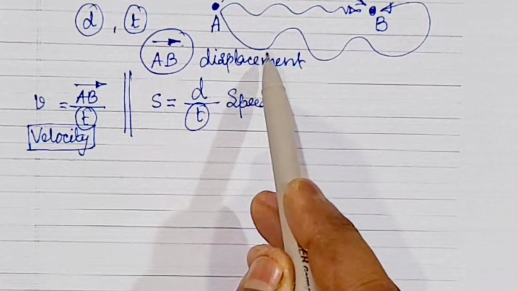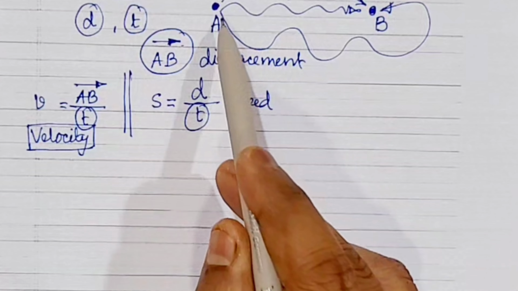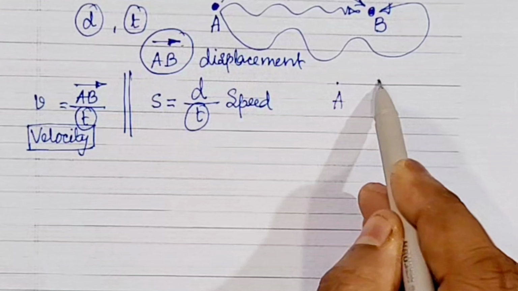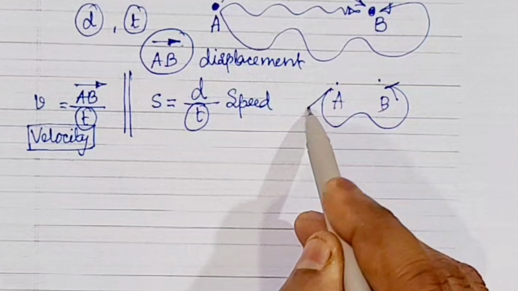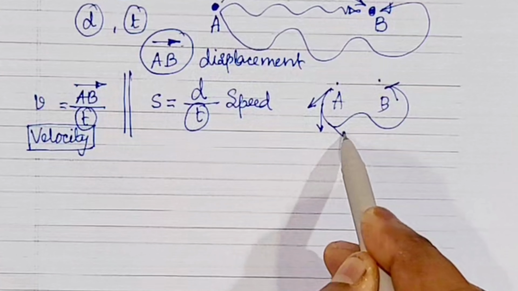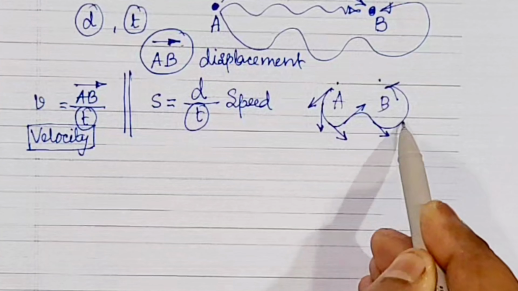At any point during its motion, whichever way it was facing, let's say if it went from A to B via this path, at some point of time it was heading towards this, at some moment it was heading towards this, and so on.